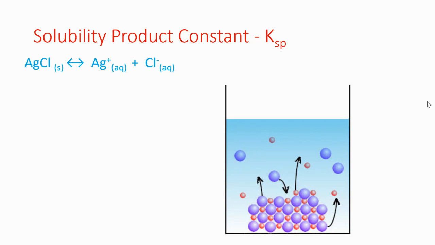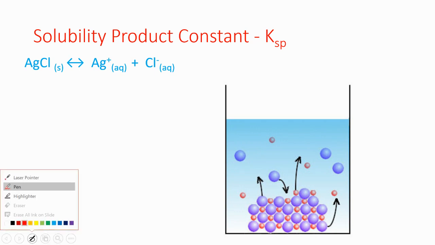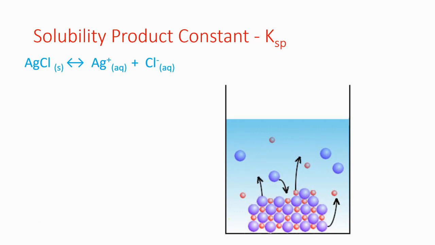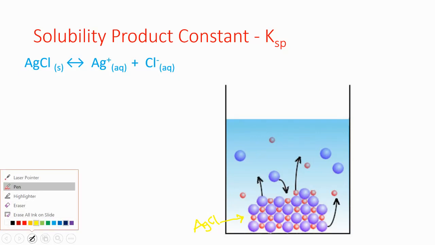So for instance, if you look in this diagram that we have here, we have solid AgCl sitting right there on the bottom. It's probably not the best color choice for me, so let's try something else.